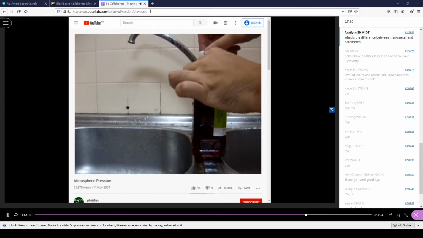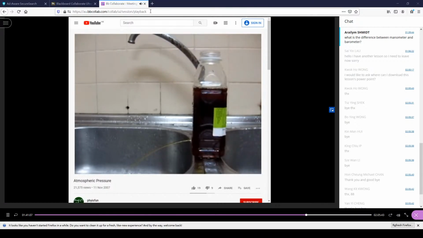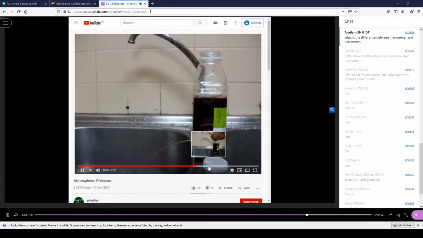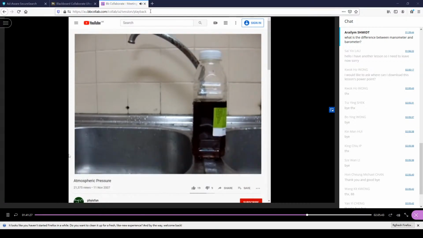If you put the cap on, then no water comes out. If you release the pressure, water comes out. So quickly, I think that's it. And then if you put the cap on, the water stops going out of the hole.